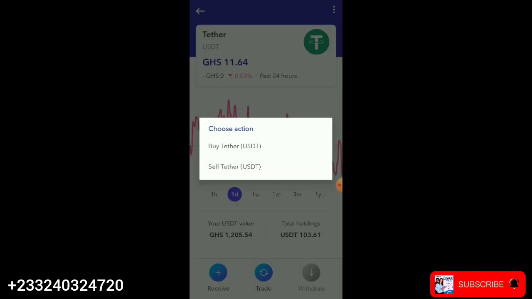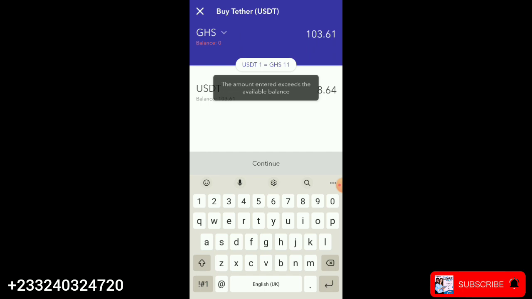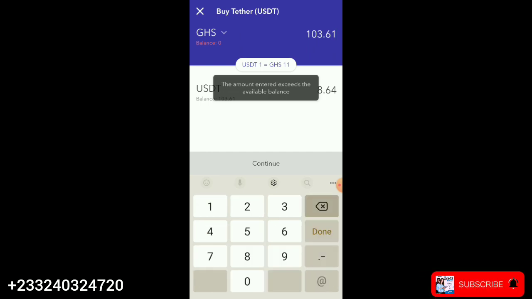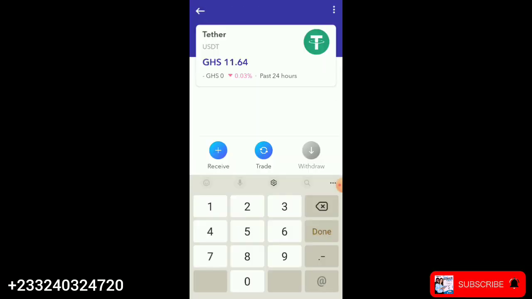If I click on trade and buying, the USDT rate over there is different from here. Let me go to Ghana cedis. You see, it's different from here. Right now it's 11 cedis. You see, the system is messing up.